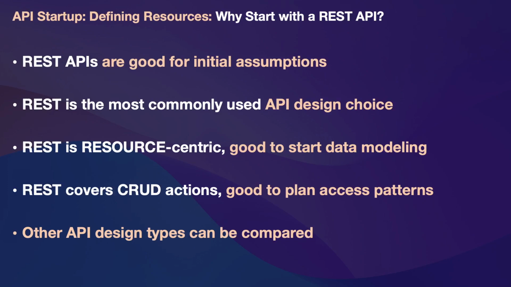So it's a good place to even start looking not only at the resources, but also access patterns. GraphQL, RPCs, WebSockets, and other API patterns may be preferable. After we've analyzed our resources and access patterns in more depth, we may realize we need a different API design choice. But we can use what we came up with our REST assumptions to compare.